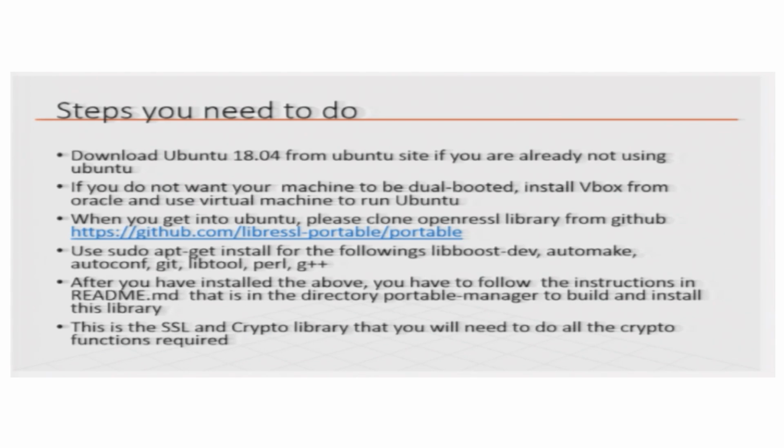The steps you need to do: download the latest Ubuntu, and if your machine is not dual booted, install VirtualBox from Oracle and use a virtual machine to run Ubuntu.